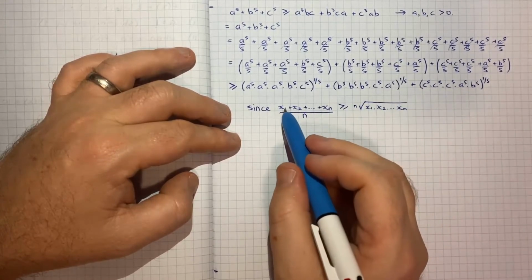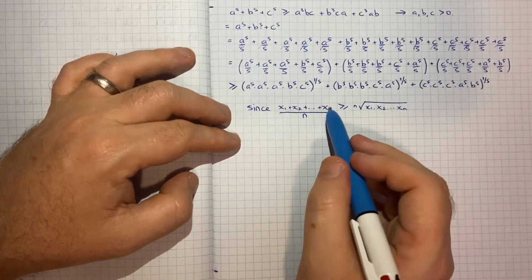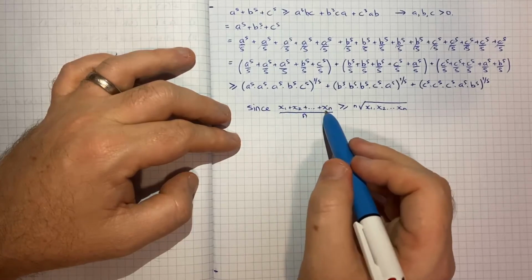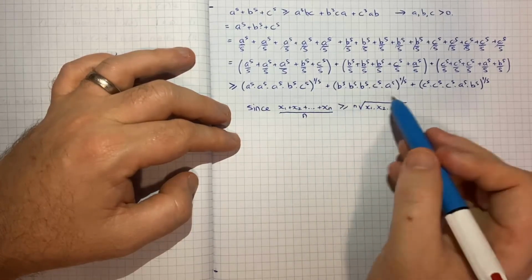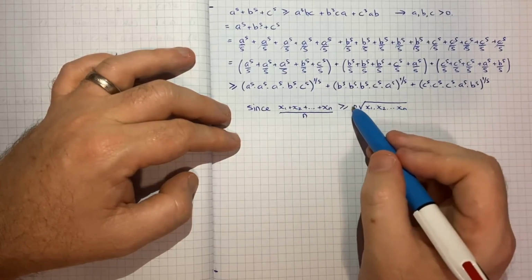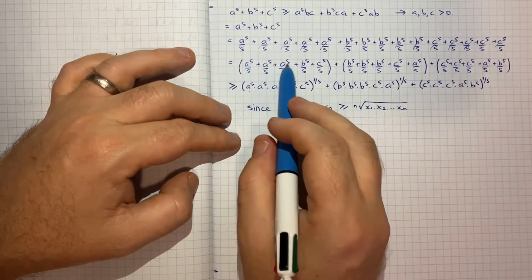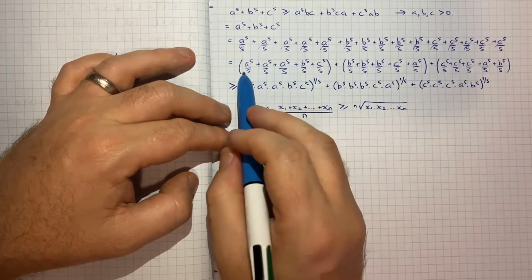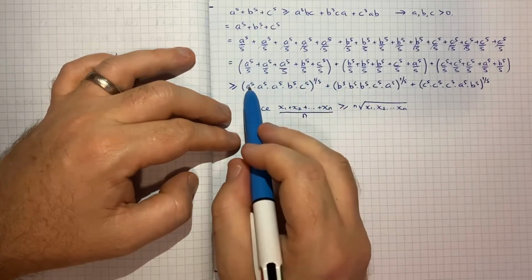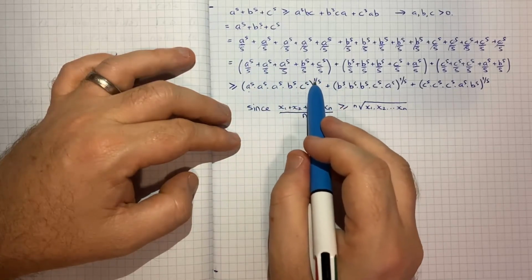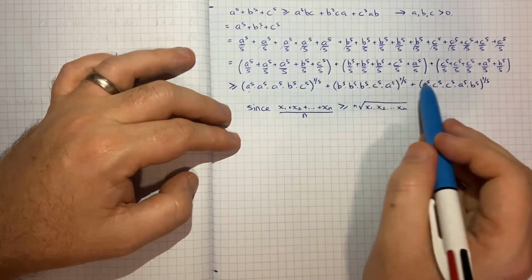So if you take a series of items, add them and divide by the number, that's the arithmetic mean. That's always going to be greater than if you multiply them together and take the nth root. So that's what I've done here. I've just taken each item and instead of dividing by n, 5, I've multiplied them and taken the nth root, or to the power of 1 on 5.